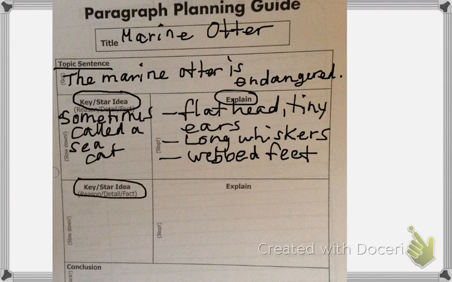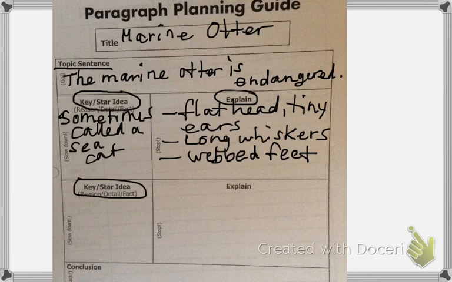Let's go on to the key star idea, the second one. It says in the directions that your second star idea should be about habitat. So I read in my article that marine otters live in South America, and they live along the coast. They are not exactly like sea otters in that they live in and out of the water.